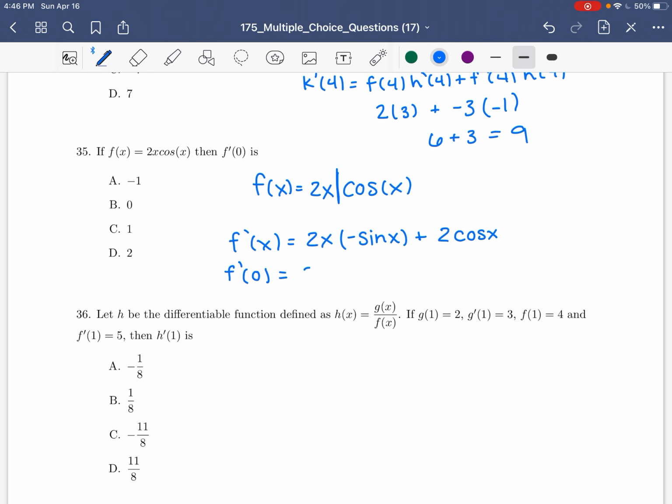Then I just got to plug in a 0, so 2 times 0 times negative sine 0 plus 2 times cosine of 0. All of that's going to become a 0, so I'm left with 2 times cosine of 0, which is 1. So my answer is D.